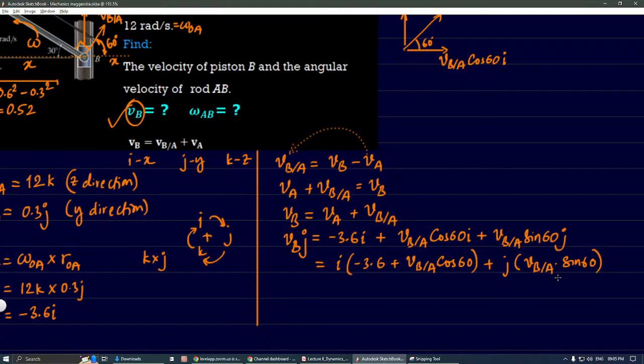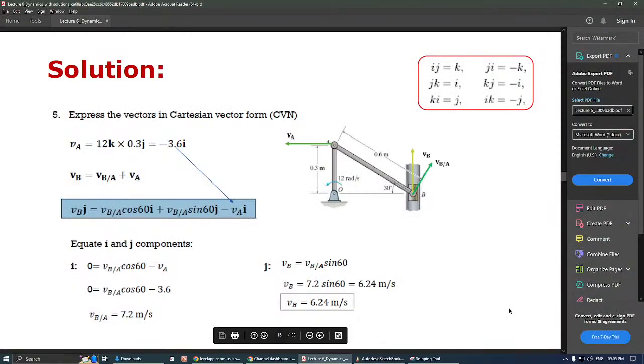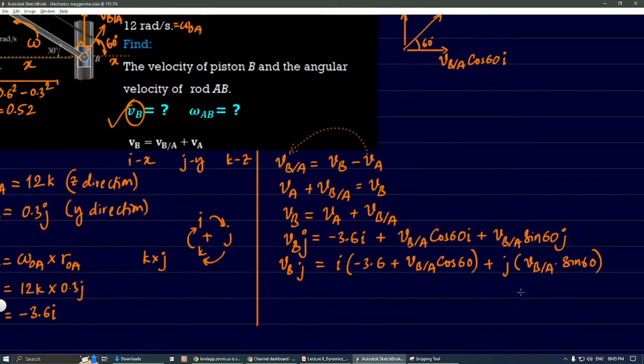Now this is multiplied to j, VB j. So whatever is the coefficient of j here, the same will be the coefficient of j here. That relation we can use, or we can use the coefficient of i.